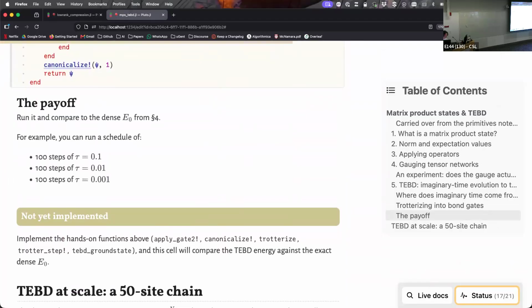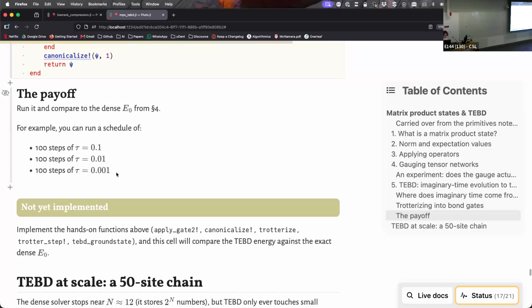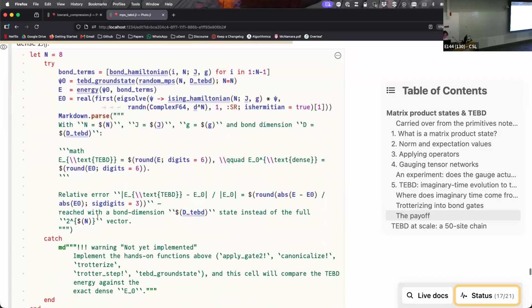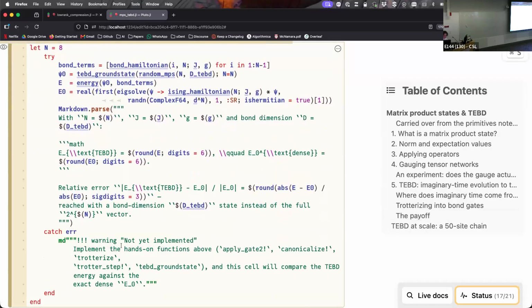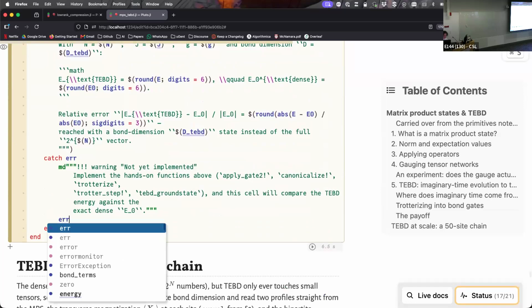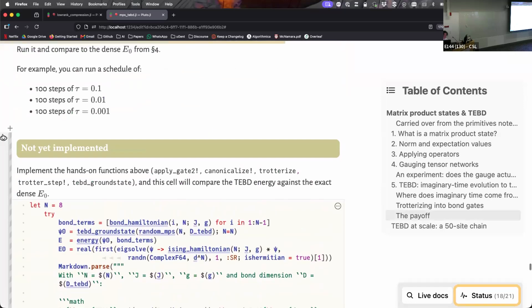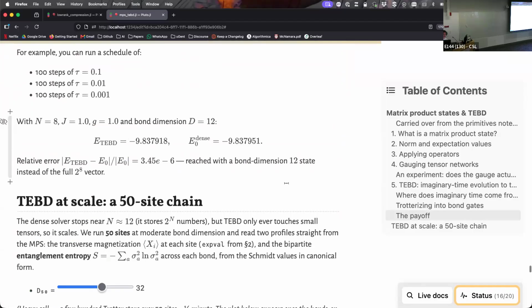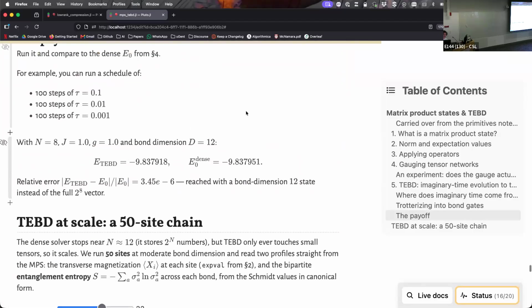If everything goes well and this is loading, which it isn't. Oh, there we go.